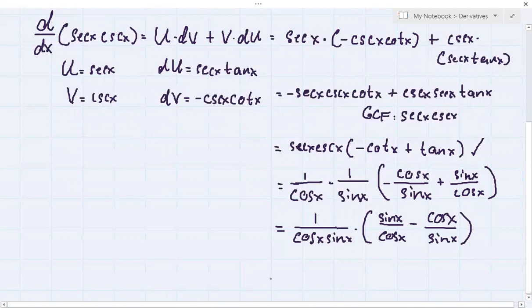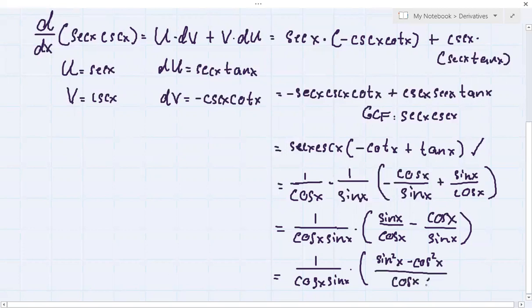Okay? Let me copy this. Here we are. In here, we're going to make this one into a whole fraction. The technique I'll use is the butterfly technique. So we will have sine squared x minus cosine squared x all over cosine x times sine x.